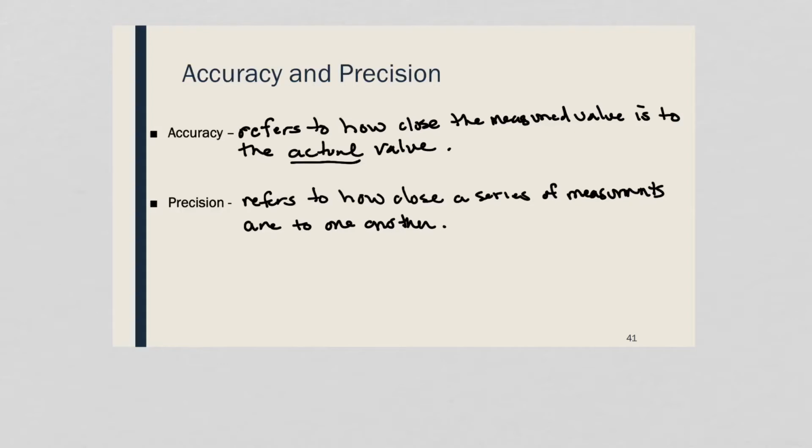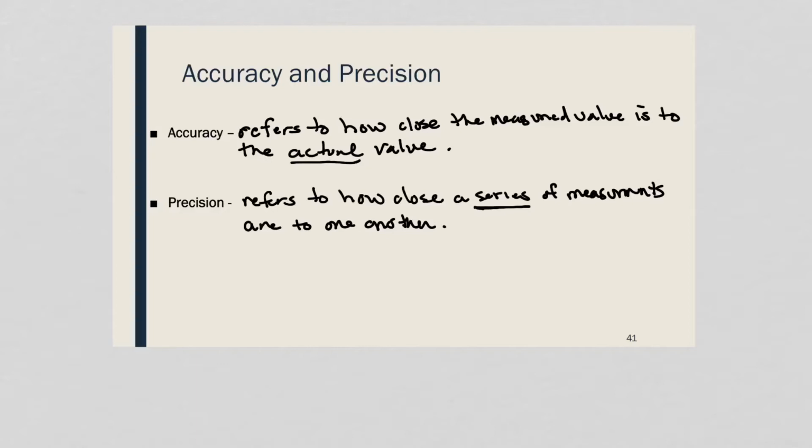So first of all, we have to have multiple measurements to look at precision, because it is looking at how, if we do a set of measurements, how close those measurements are to each other.